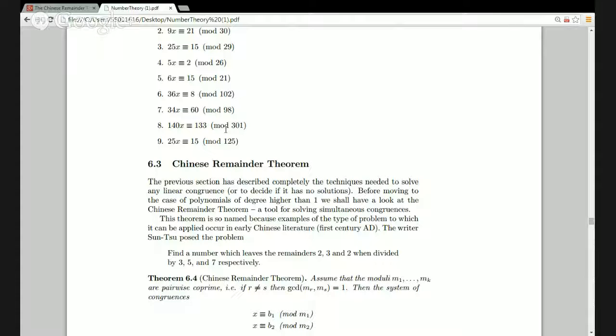And this problem is solved completely by theorem 6.3, with theorems 6.1 and 6.2 leading up to it.